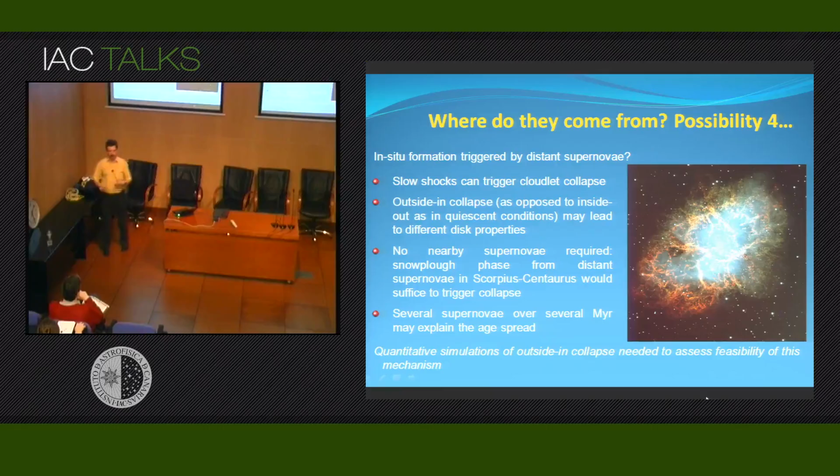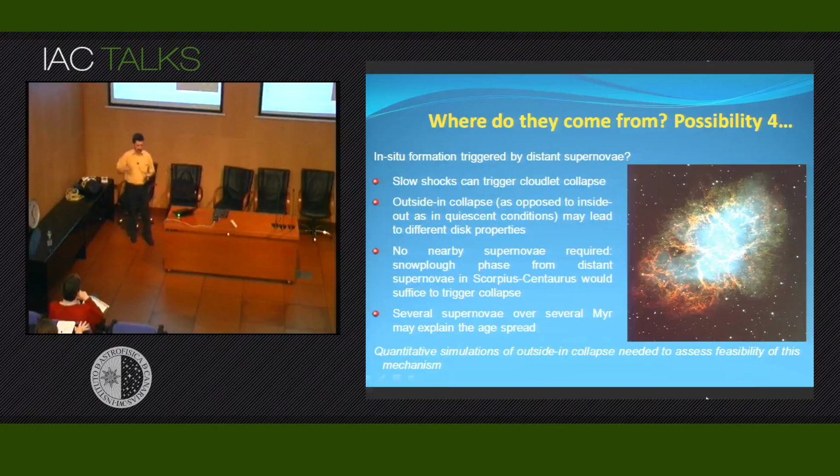And in fact, when you are several parsecs away from a supernova that has created a bubble of piled-up material around it, the net effect on a pre-existing cloud is to embed it suddenly in an environment of higher pressure, to squeeze it in this way, and to drive it above the stability threshold so that the cloud collapses.